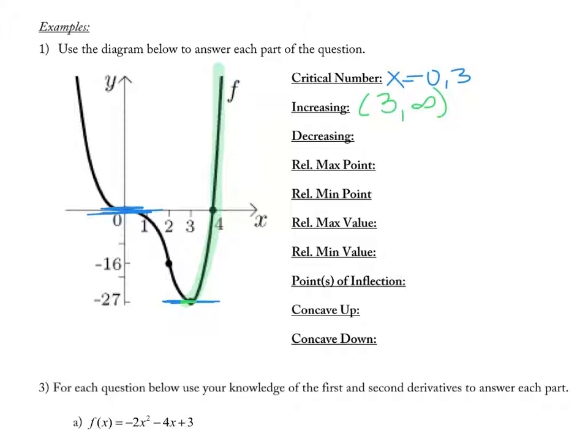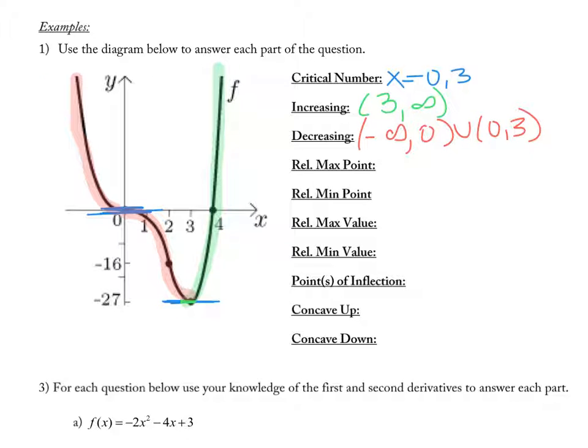Now we have to be careful here because we're decreasing this whole interval here. But remember that when the slope of the tangent line is 0, you're neither increasing nor decreasing. So we have a break when the first derivative equals 0. We would write this interval as negative infinity to 0, and then 0 to 3.